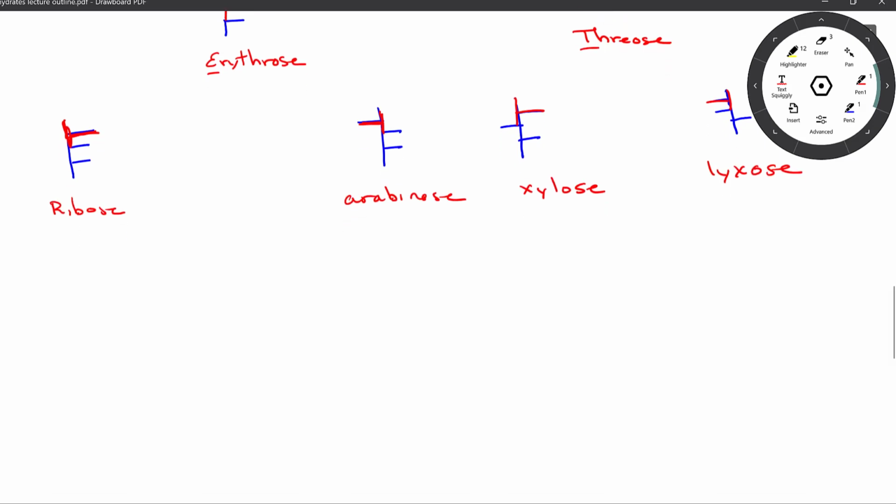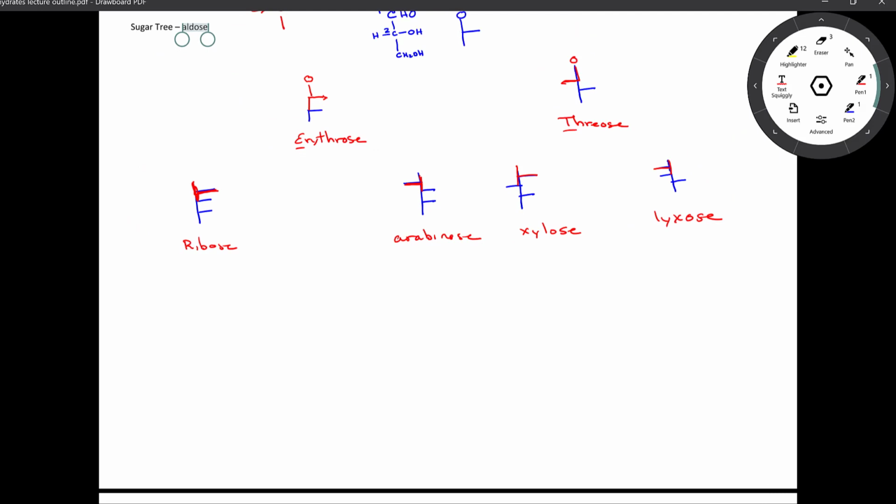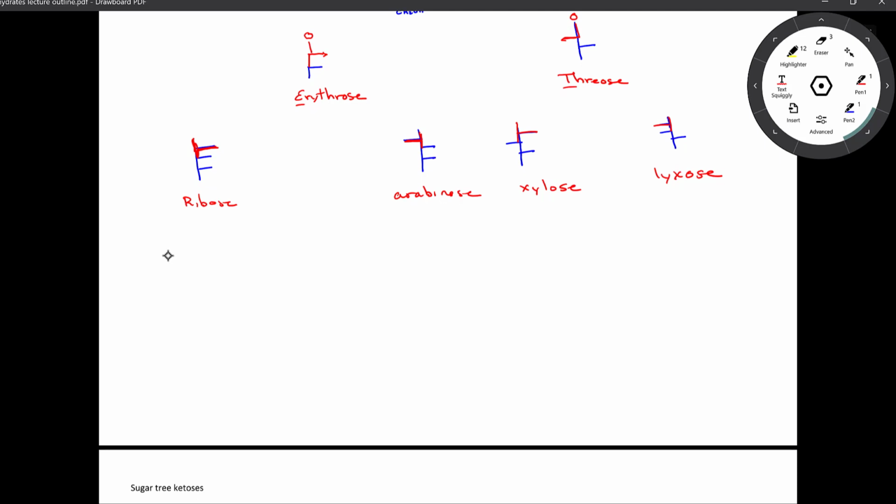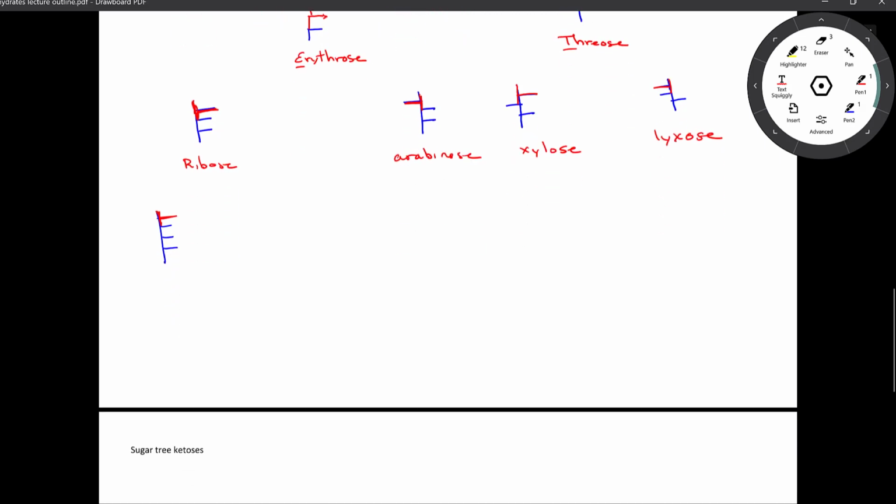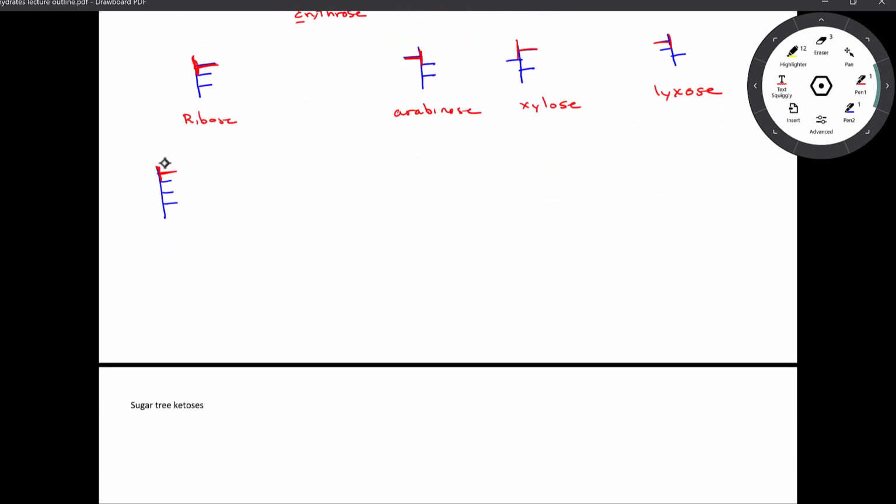And then we make the next set. To make the next set, I draw ribose like this again. And then I add another one on top, pointing in the same direction. Like that. And you notice I'm not even drawing the O at the top because I think the orientation is understood. And then the C2 epimer of that is going to look like this.